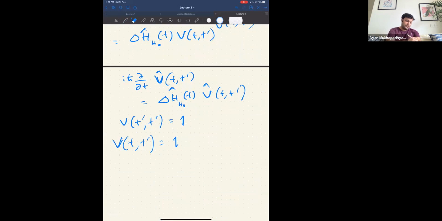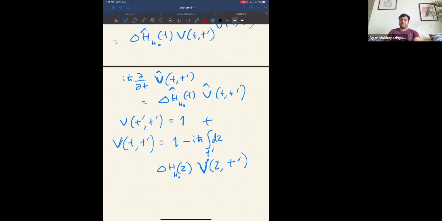So this should be equal to 1 minus i over h bar, and then this thing I can rewrite as the integral d tau, where tau goes from T prime to T, of delta H(tau) times V(tau, T prime), but now this H is in the Heisenberg picture with respect to H0.